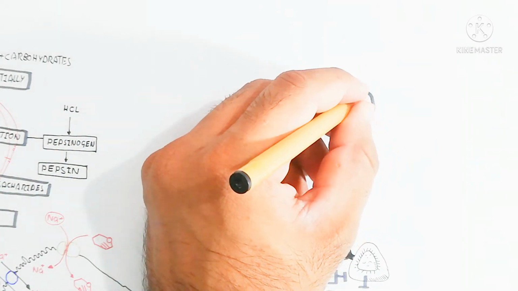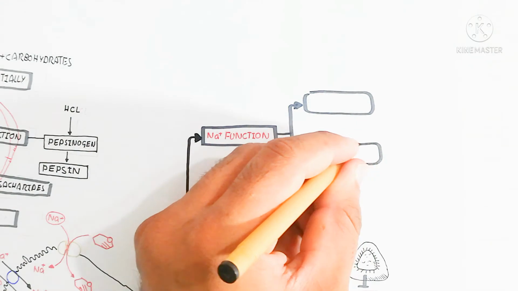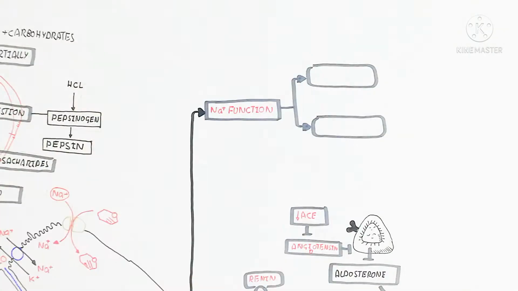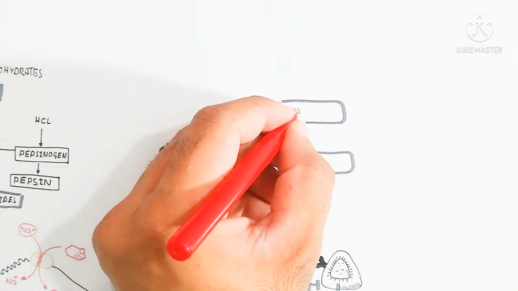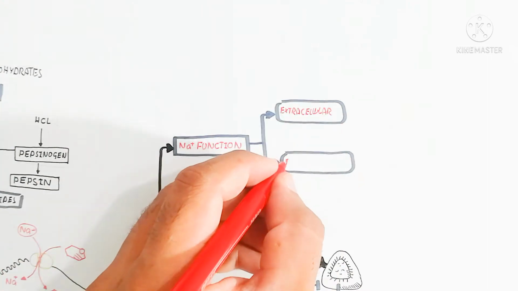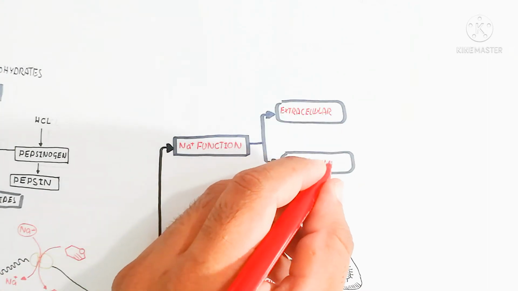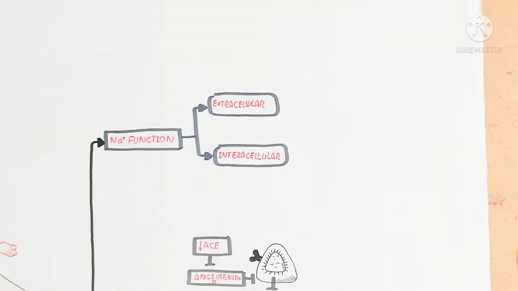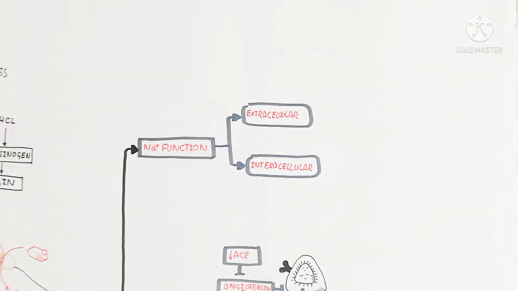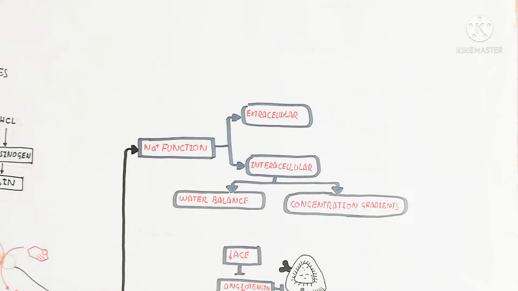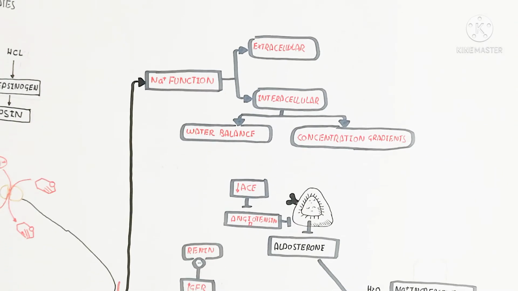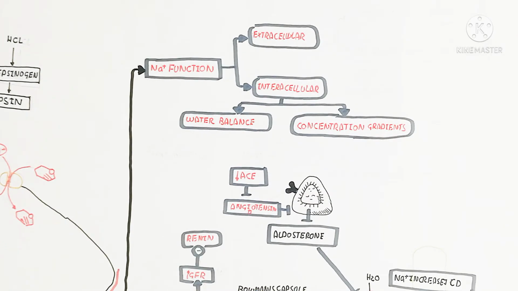So the extracellular function and intracellular function we will discuss here. The extracellular function is the conduction of impulse and blood osmolality. While the intracellular function is the water balance in the cell, and the concentration gradient will be produced.